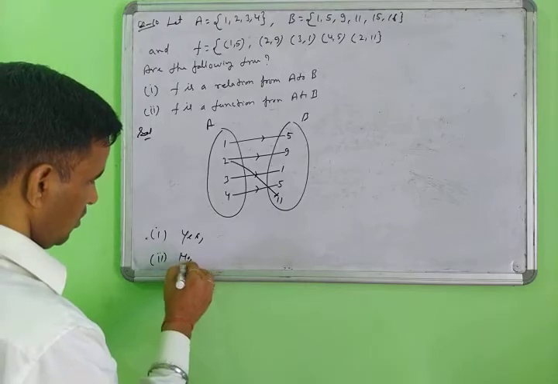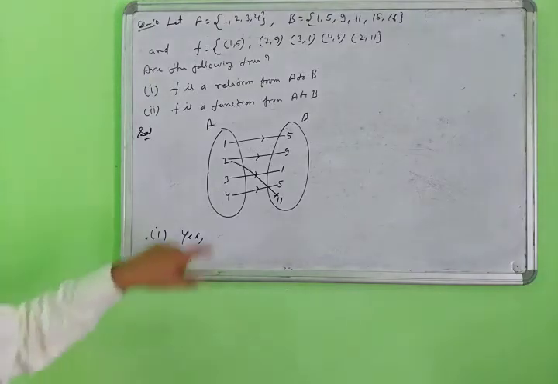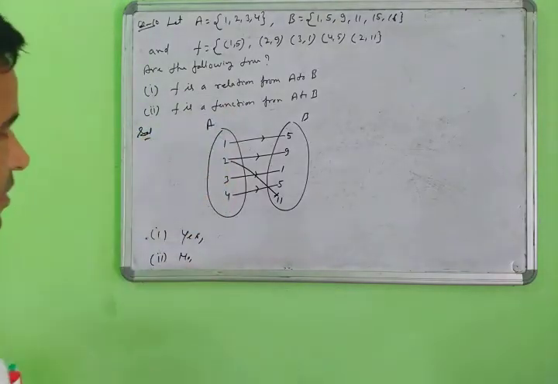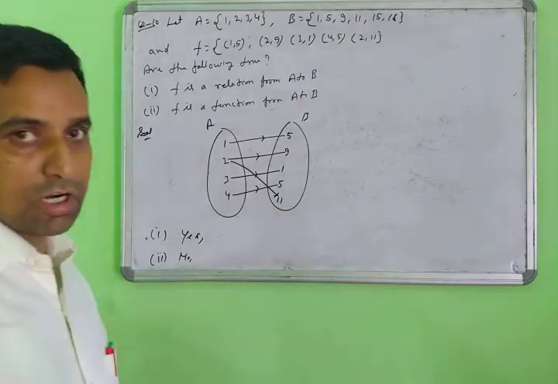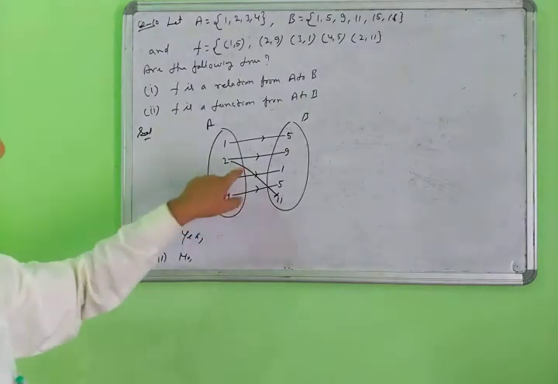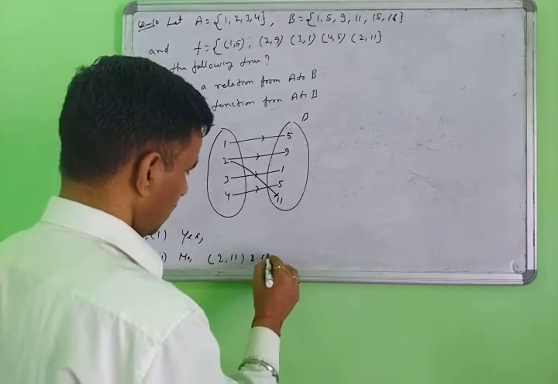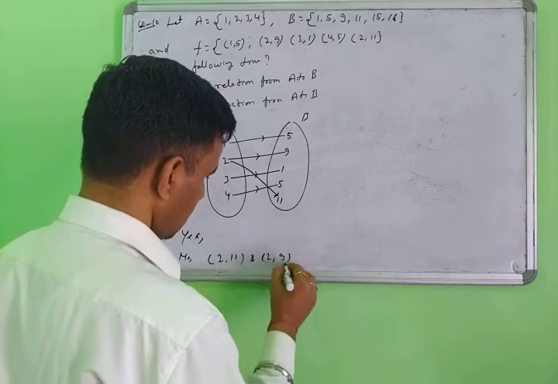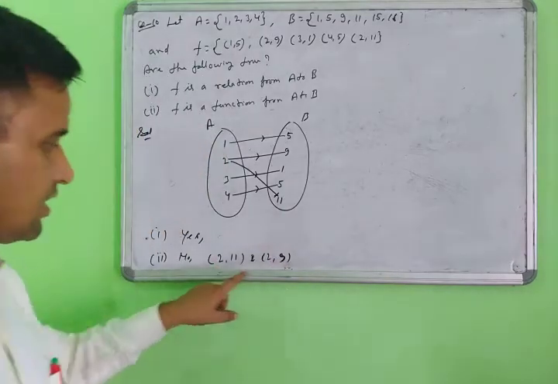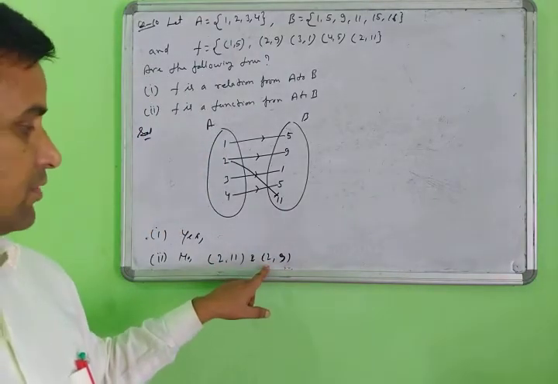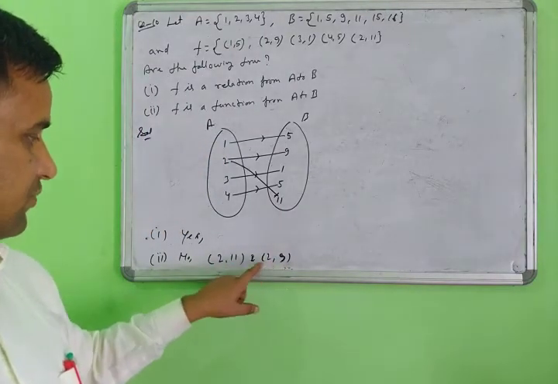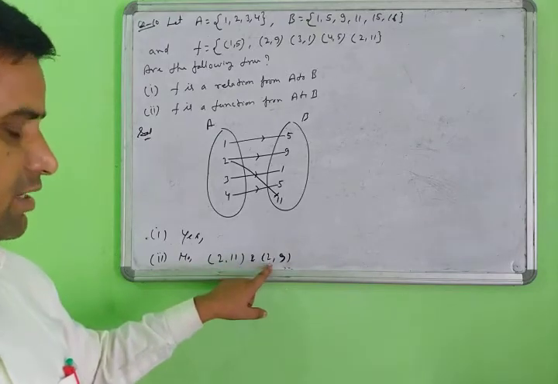The second part is false, because this is not a function, because here there are 2 ordered pairs, (2, 11) and (2, 9), with the same first element in both ordered pairs.